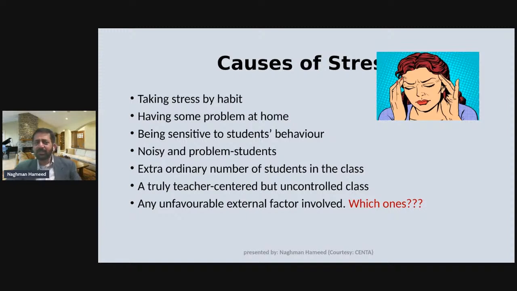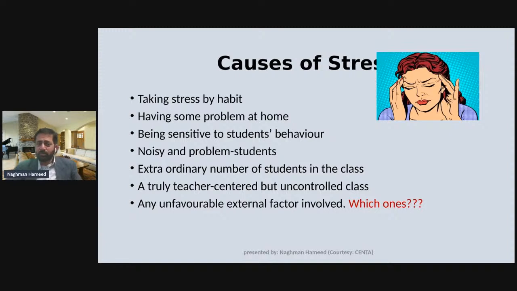Being sensitive to students' behavior. Okay, this is the thing that I have come across many times. There are some teachers who actually talk about students in the staff room. Oh, the students in my class, they are very disobedient. Oh, I can't handle them. I don't know which family background they are from. Things like this. So we should not be sensitive to students' behavior because it's always varying. There is a great diversity in students' behavior.